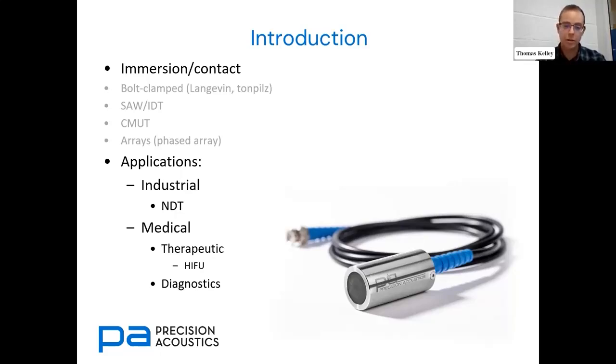So perhaps imaging or HIFU, another acronym, high intensity focused ultrasound. Having said that, medical diagnostic applications, they quite often use arrays. I'm not going to talk about arrays too much today, but they are contact transducers typically. So there's a bit of an overlap, as there are with a lot of things in transducer design.